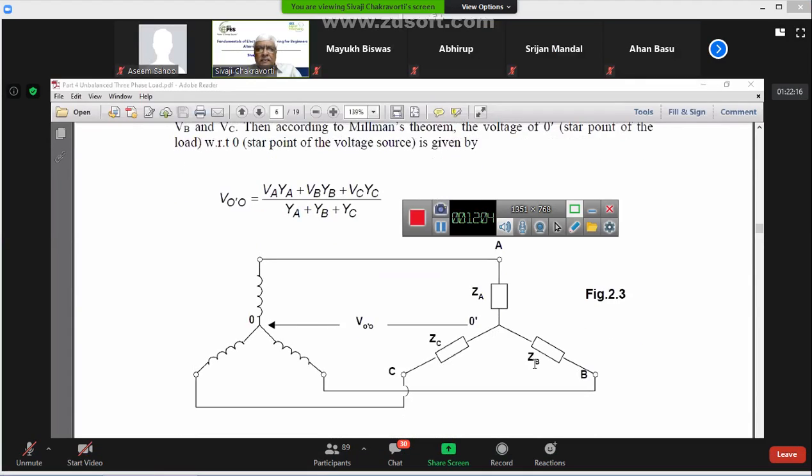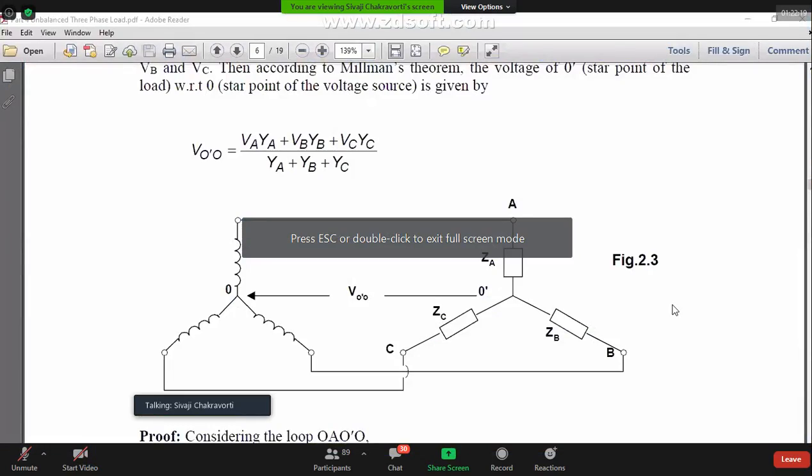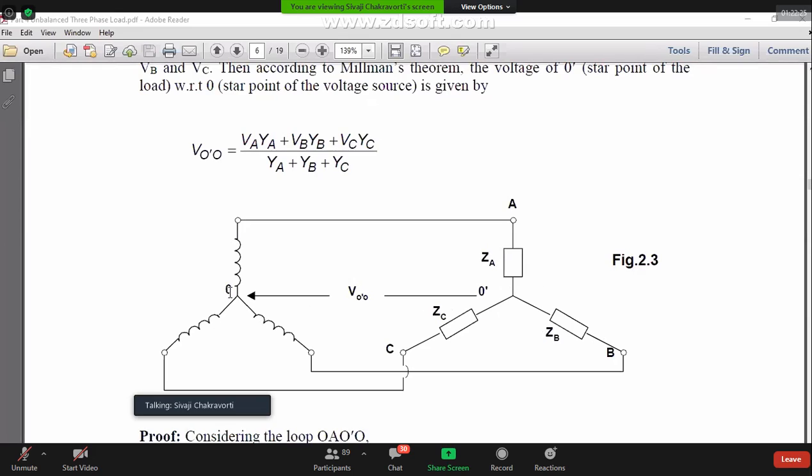Now I ask another question. I have given you a problem where I showed you that if the three impedances are unbalanced, still neutral current could be zero. So by measuring the neutral current, I cannot say that the load is balanced or unbalanced.